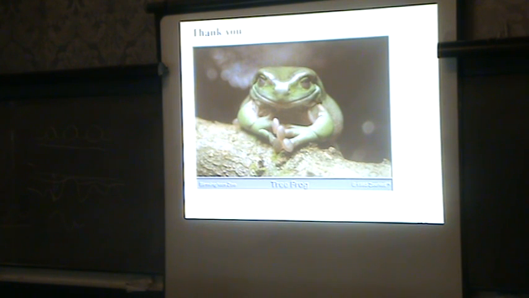So, in the simulations, I told you yesterday, we generate our surfaces mathematically by adding up plane waves with random phases.